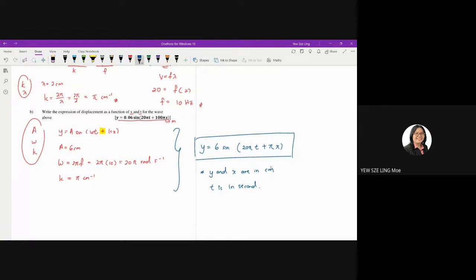So in this chapter, you need to state the unit for y, x, and t, 3 different variables, because these 3 are unknown. You don't know what the value is. It changes with time, it changes with distance, but what you do know is the unit. And of course, if you want to write y in terms of meter, then you can say y is in meter and x is in cm. That also works. It is all up to you, it depends on how you form the equation.